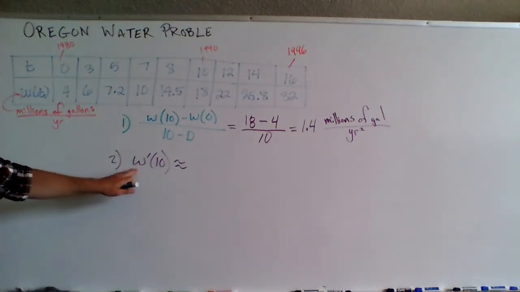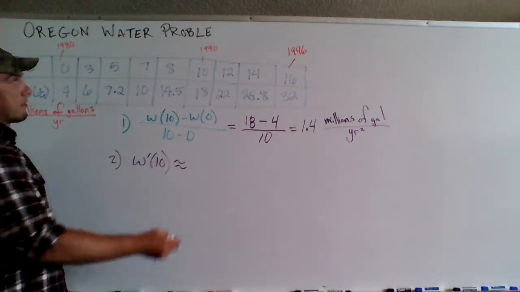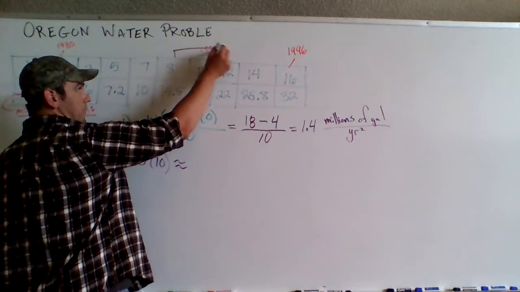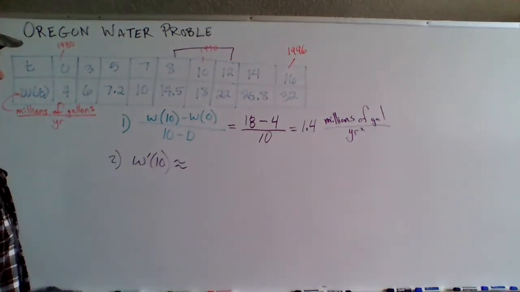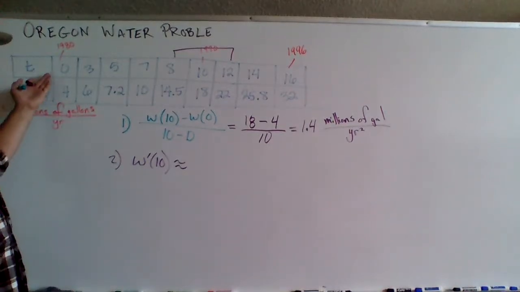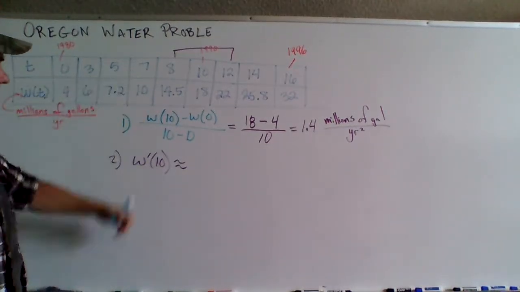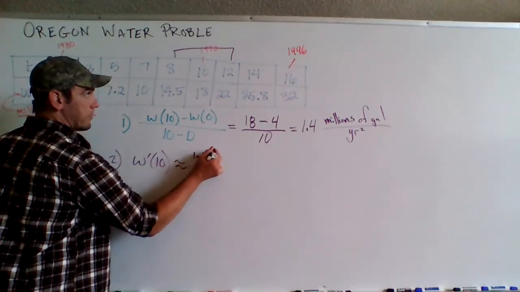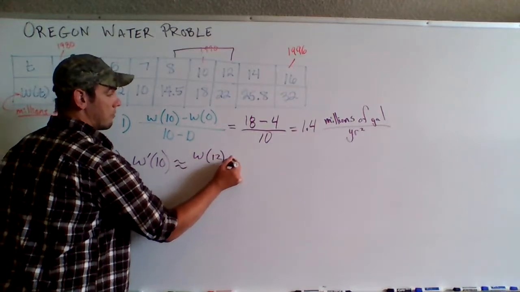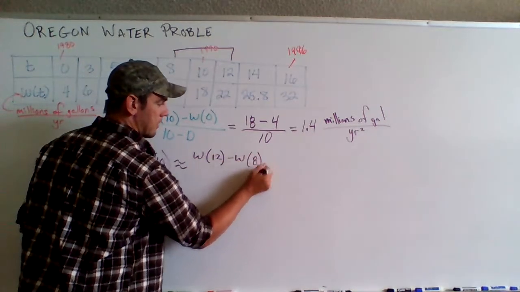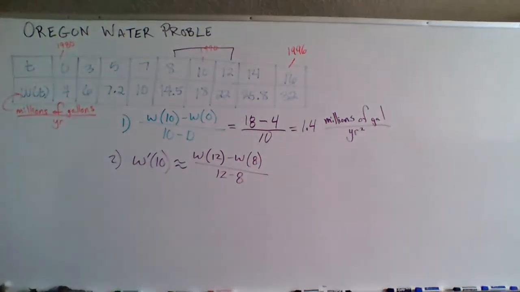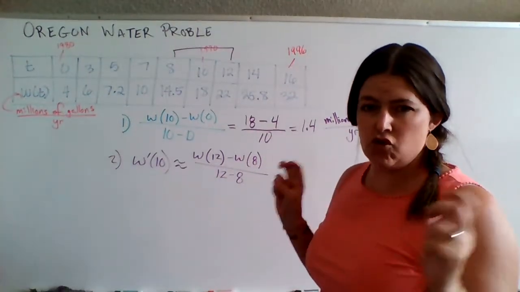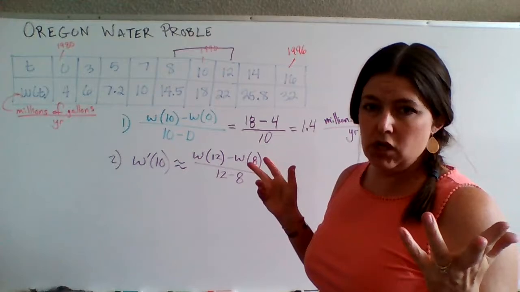So we want to figure out the derivative at 10, and we're going to use the two values closest to 10 to approximate that. So we're essentially doing AROC again, just with some different values. So this is going to be W of 12 minus W of 8 divided by 12 minus 8. We've always heard this, it's called straddling your instantaneous rate of change.